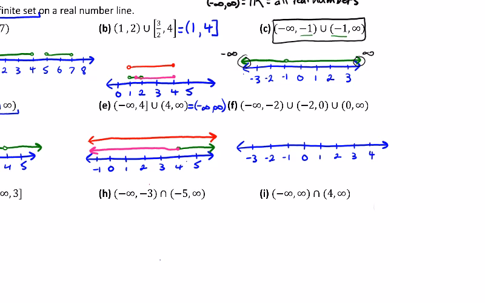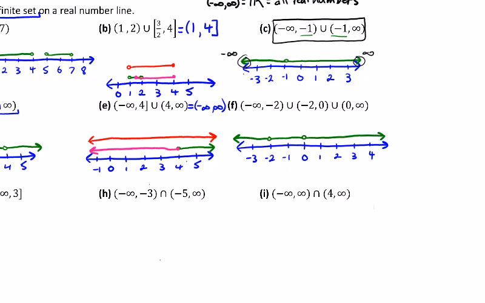My first set will have an open point at -2, everything to the left of -2. My second set is bounded on the left and the right at -2 as well as at 0. So I'm going to put an open circle at 0 and I'll mark everything in between. And then the third set is going to be unbounded on the right, and it's going to start at 0, going from 0 to infinity.